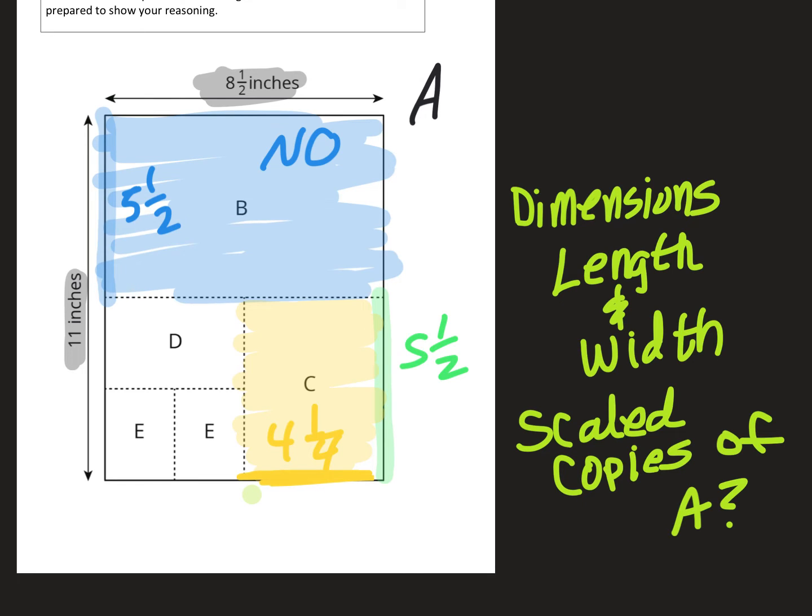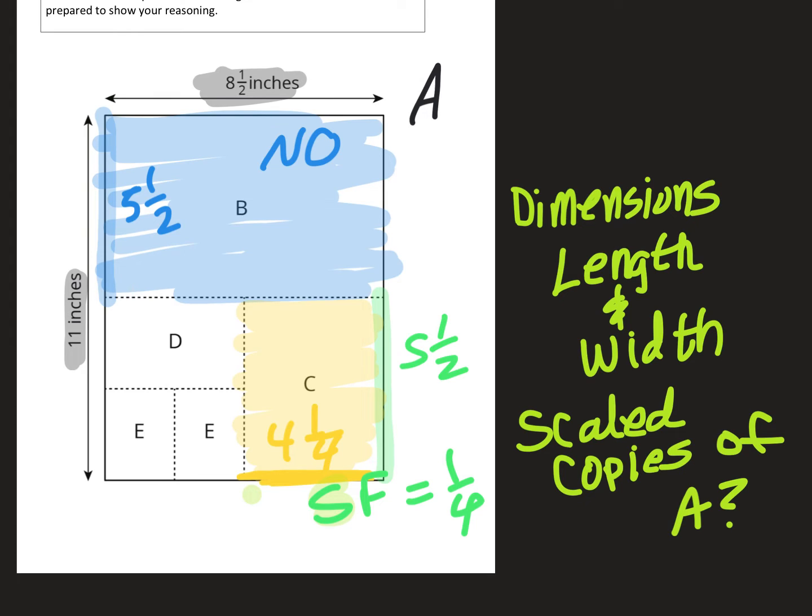Okay, so relative to the entire piece of paper, rectangle A, what fraction of the entire paper is rectangle C? 1/2. Does it take up half the paper? 1/4. We're really close. Yeah, exactly. Because it takes up 1/4 of the paper, our scale factor is going to be 1/4.